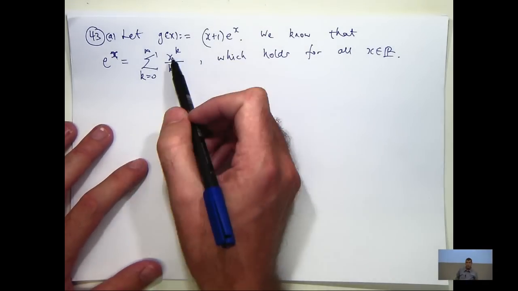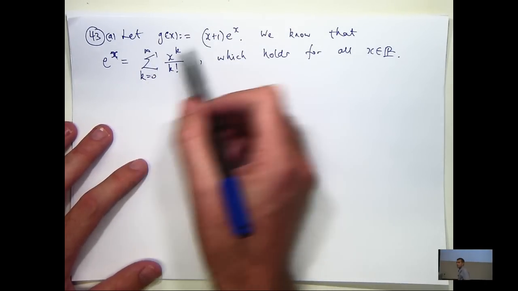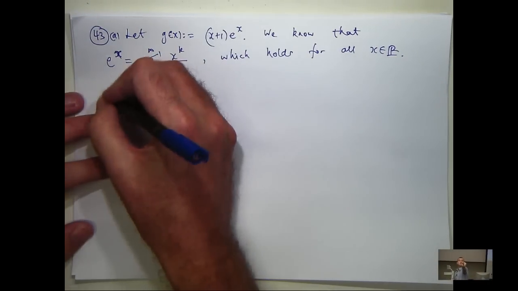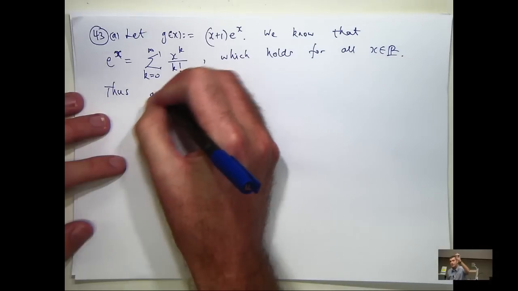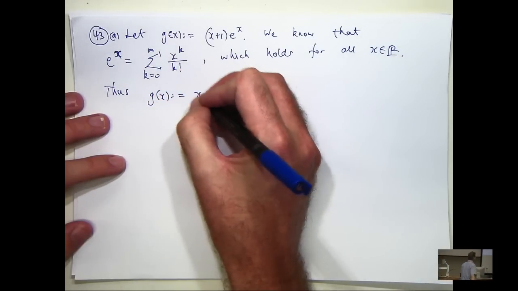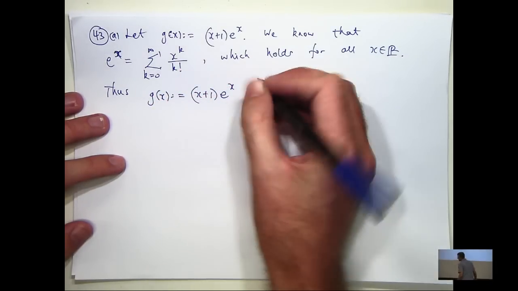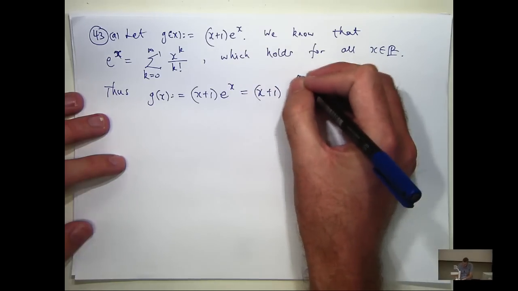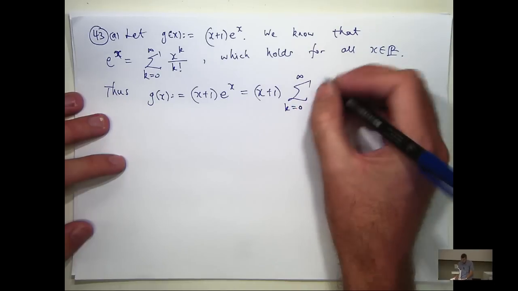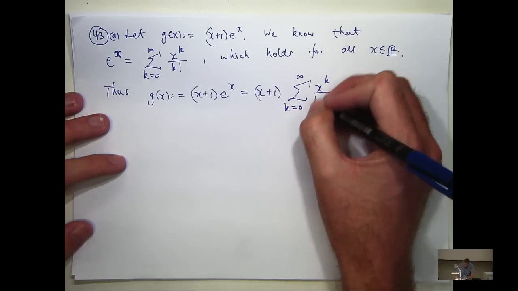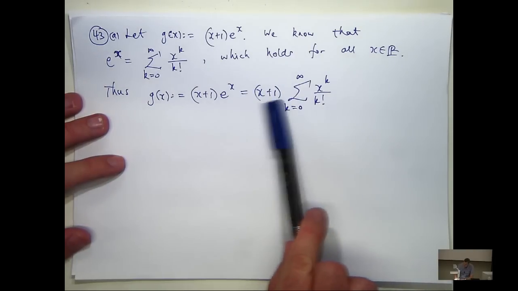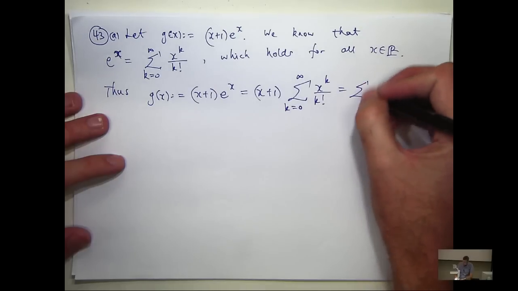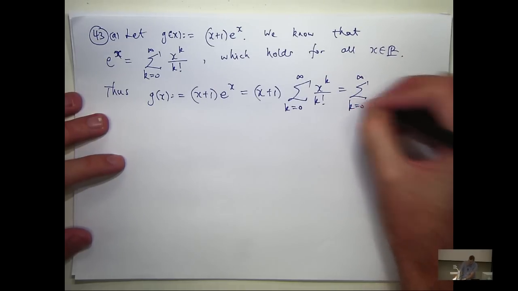So to get the series for g of x from this, let's just multiply the series by (x + 1) in brackets, right? It seems logical. Now, this factor here has nothing to do with k, so we can move it into the sum if we want.